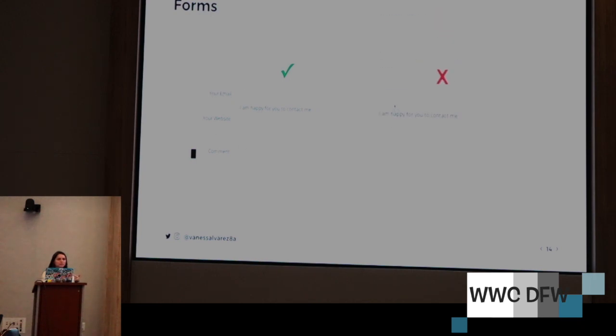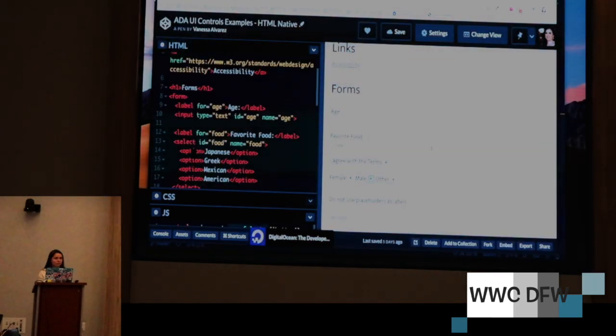Do not use placeholders as your label, because a lot of these users are going to type and then probably forget what the input was about. And I'll show you right now. I have it right here. The example, do not use placeholders as labels, because when I start typing, the placeholder disappears. And this is a bad thing to do for them.